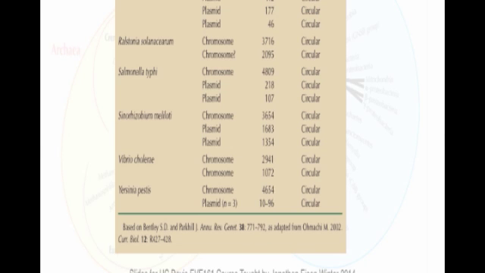Deinococcus radiodurans, 2.6 million, and then 412,000. And many of these second elements in organisms are larger than the entire genome of some other bacteria.